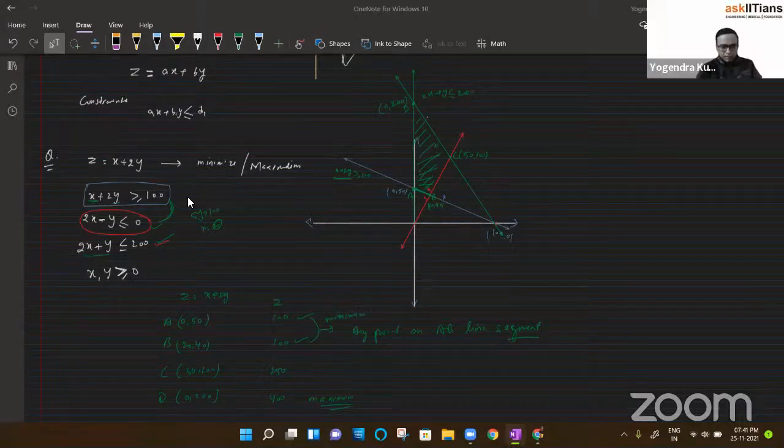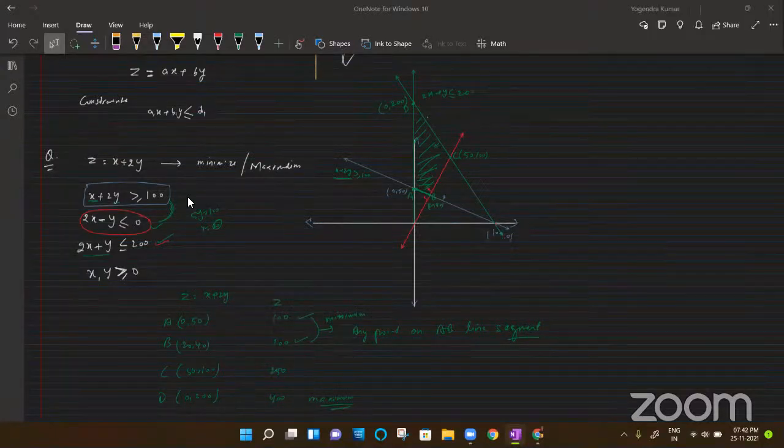The minimum value of the objective function in an LPP always occurs at one corner point of the feasible region. True or false? False.